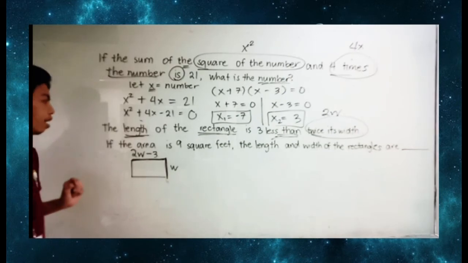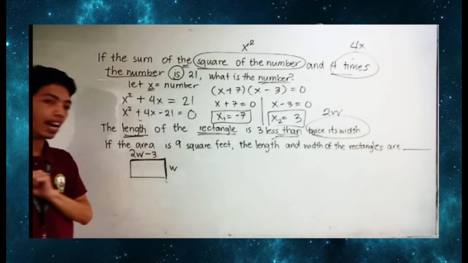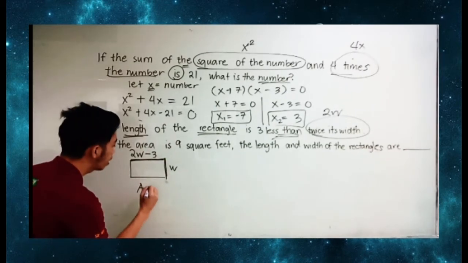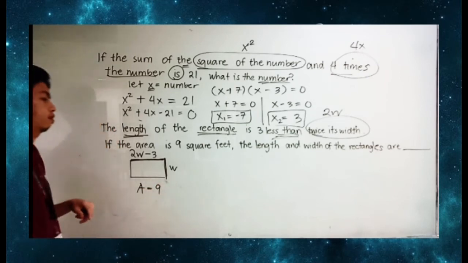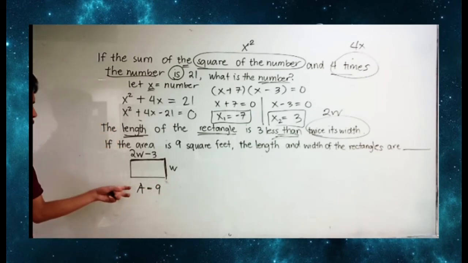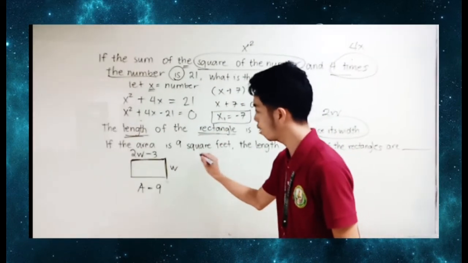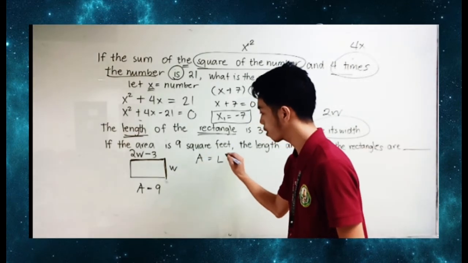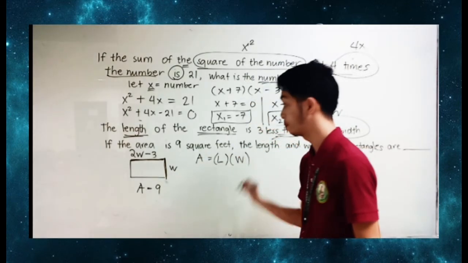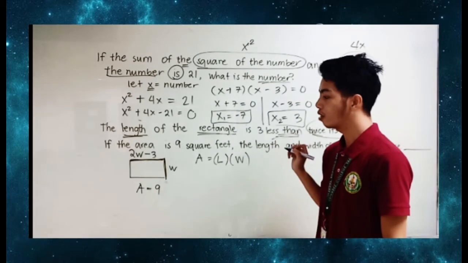Ngayon, ang case natin, ang area daw ay 9 square feet. So, area is equal to 9. Balikan natin yung area ng rectangle. Di ba yung area ng rectangle, ang formula is length times width?